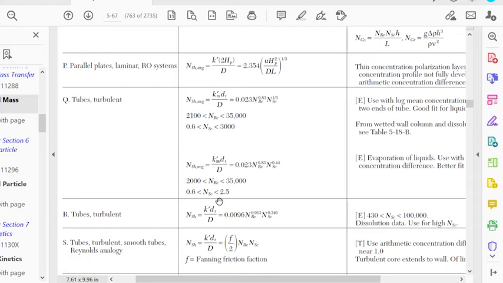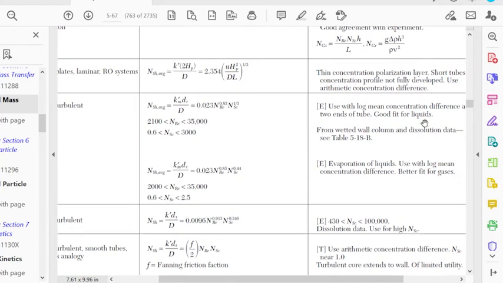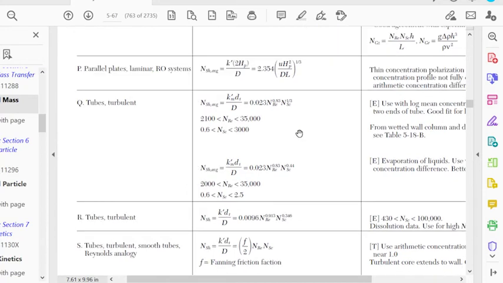So we can actually use the first equation even though it says it's a good fit for liquids. It just says it's a good fit; it does not mention that it is prohibited from being used for gases. So let us use the first equation: the Sherwood number is equal to 0.023 times the Reynolds number raised to 0.83 times the Schmidt number raised to 1/3.